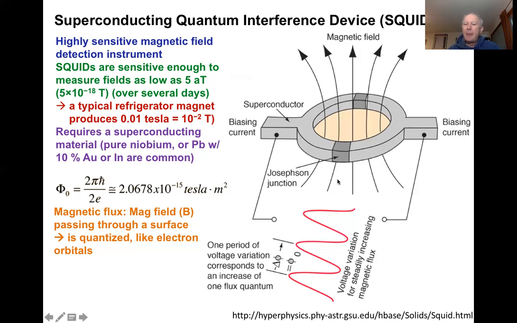But a weird thing happens if you take a magnetic material and pass it through this hole. What ends up happening is that the magnetic field interacts with the electric field here and causes electrons to hop over this gap.